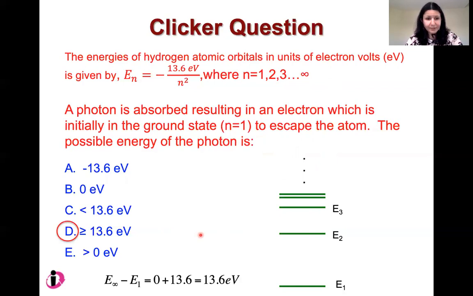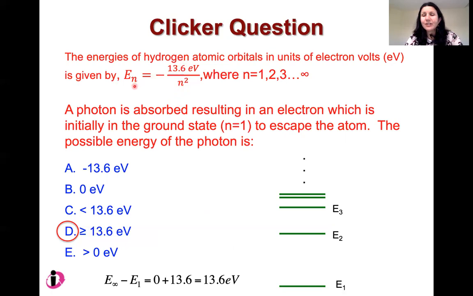All right, so the answer here is that it has to be equal to or bigger than 13.6 electron volts. So how does it escape from the atom? Well, it starts at n equals 1. What's the very highest energy level it can have? Well, n is a number that can go to infinity. So if we take the limit as n goes to infinity, 1 over infinity, we get 0.